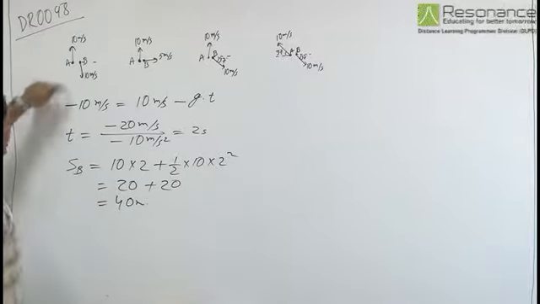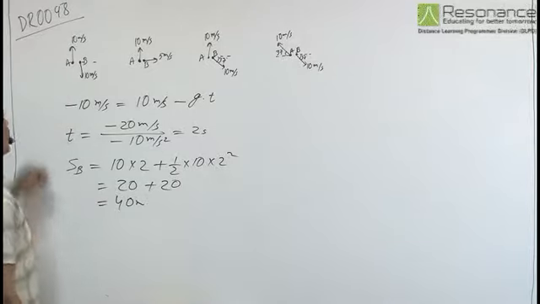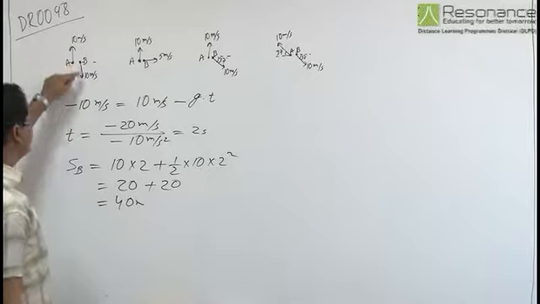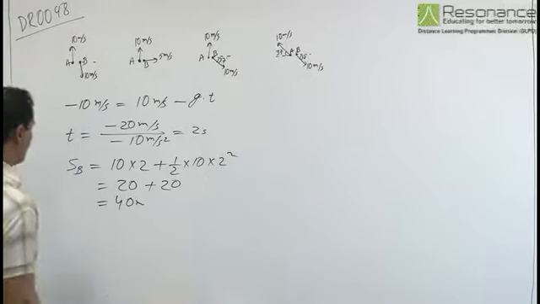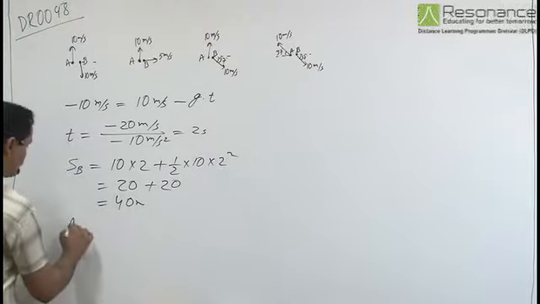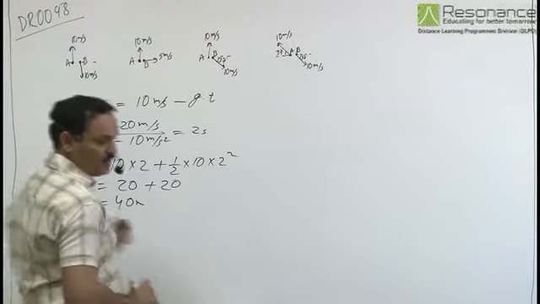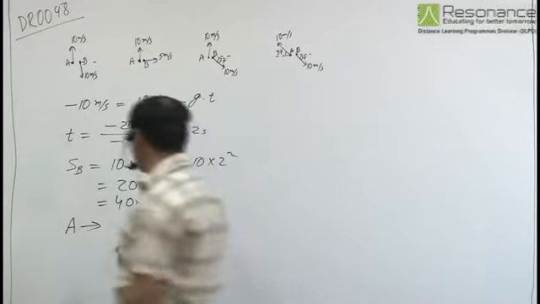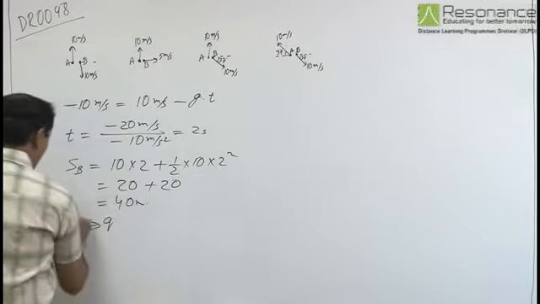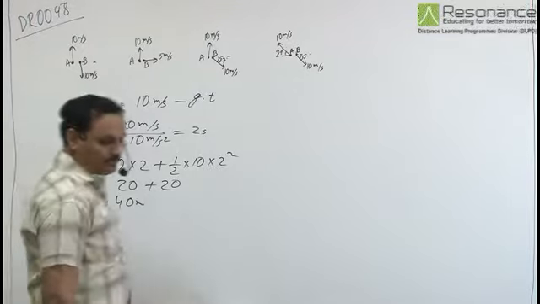So the distance between A and B after 2 seconds is 40 meter, as B has moved 40 meter down and A is at the position of B. So for the first situation, the separation between A and B is 40 meter. Q is the correct option for the first situation.